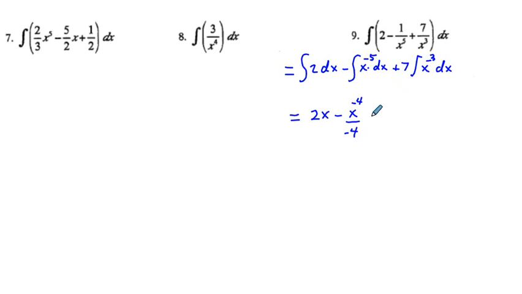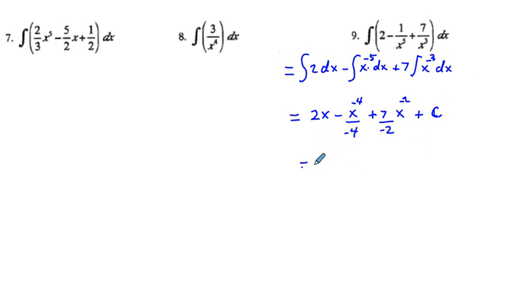Then for this next one we have plus 7 times x to the negative 3 plus 1, which is negative 2, and we're going to divide by negative 2, and we're going to add our constant of integration c. From here on out it's just a matter of cleaning up.